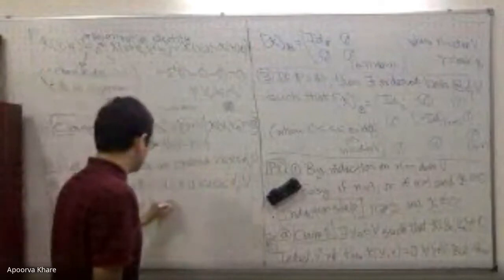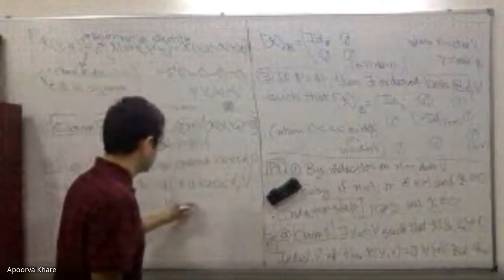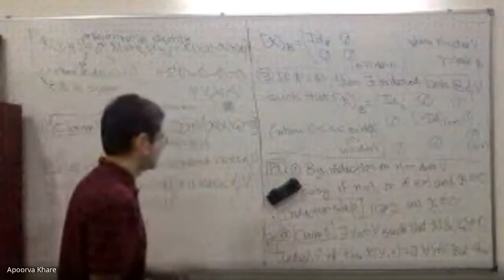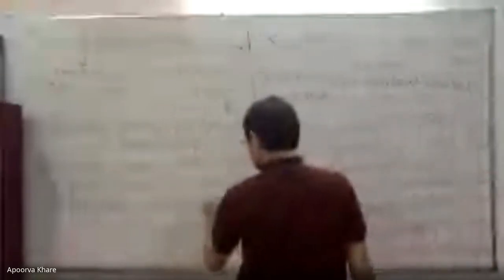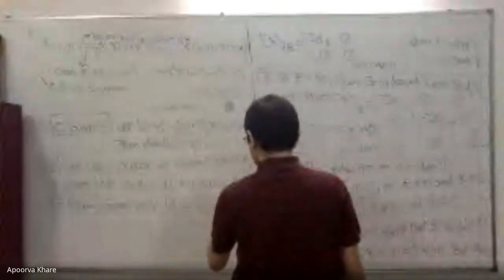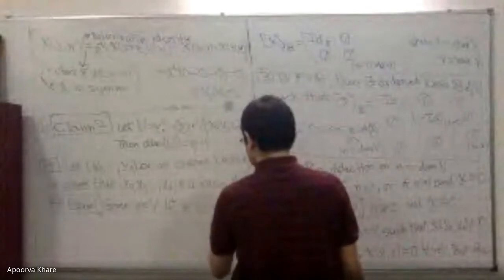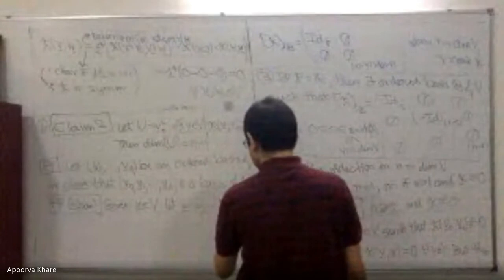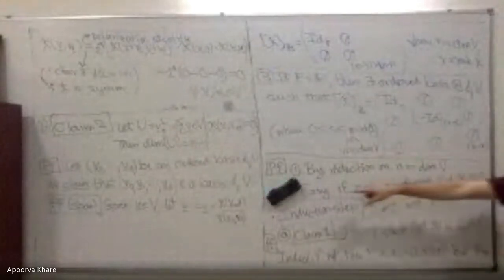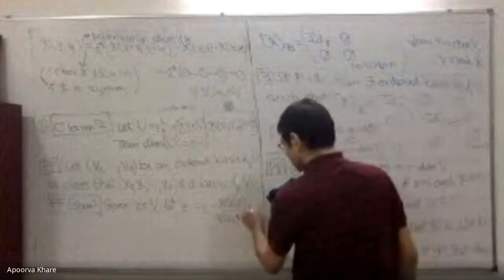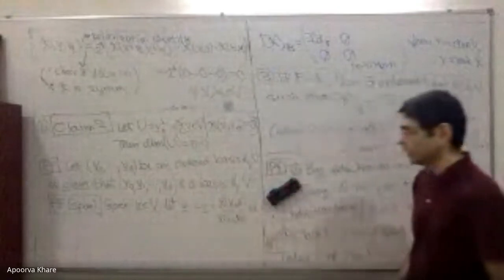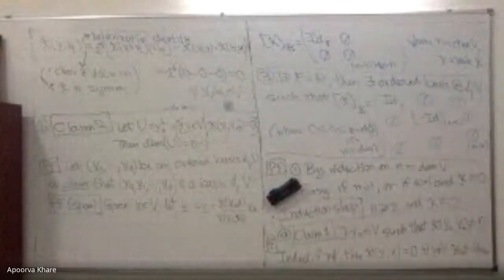Let U equal V minus, this is the principle I'm going to use in orthogonality and inner product spaces, V minus kappa of V naught, V, over kappa of V naught, V naught, times V naught. And you see, this denominator is why I require the claim that it's non-zero. This denominator is non-zero in the field, and therefore it makes sense to divide like this and multiply the V naught.